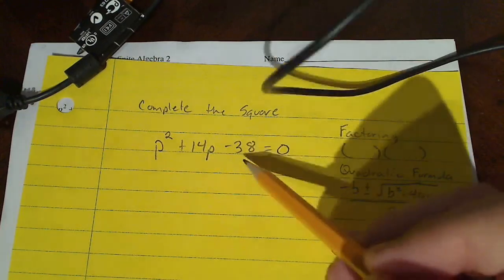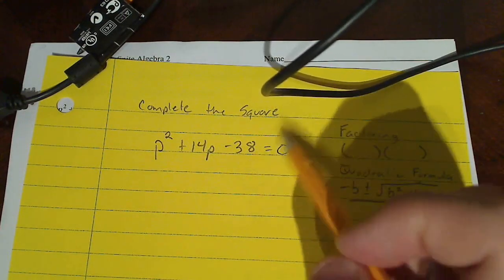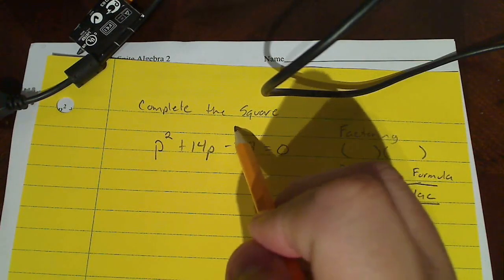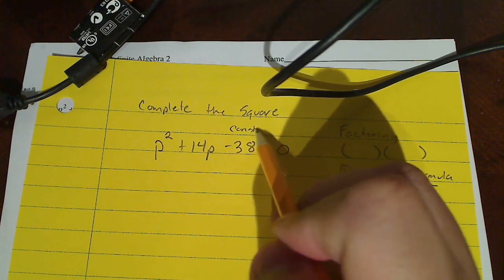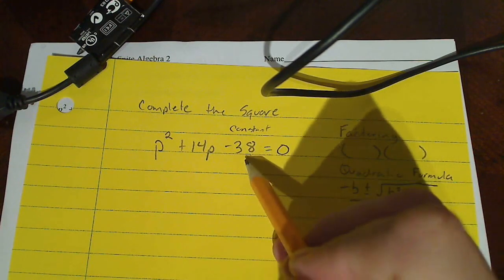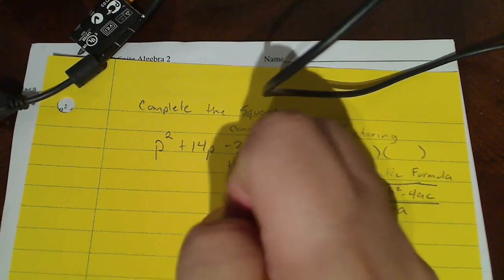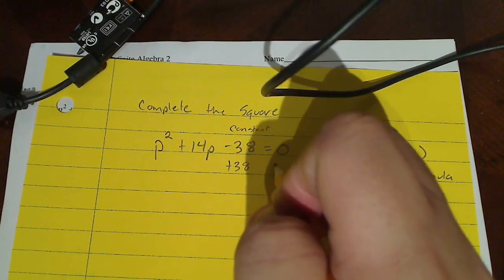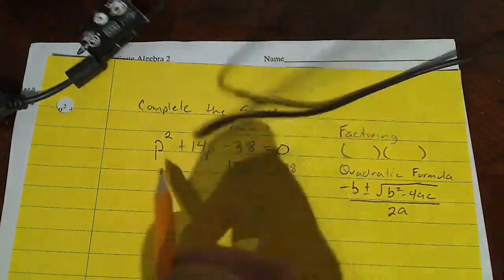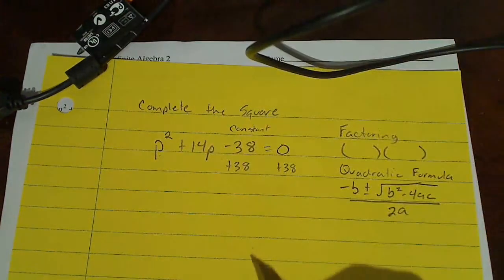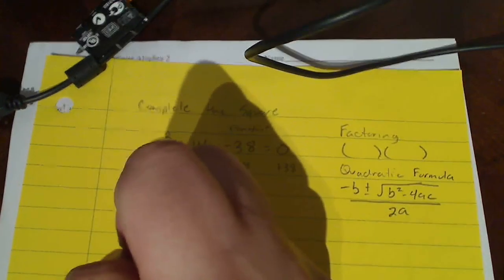So the first step is essentially this. We want to make sure that whatever this constant value is gets shifted, or in this case added, to the other side of the equal sign, because we want to isolate the two terms p squared and p here. And I apologize for the wires getting in the way.